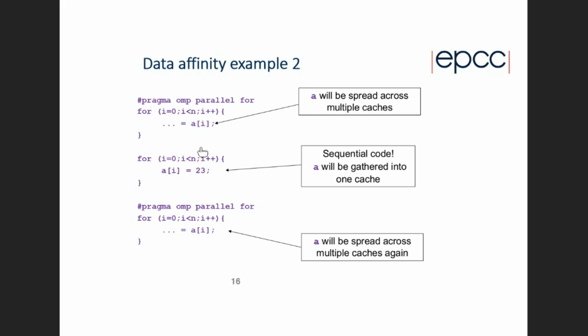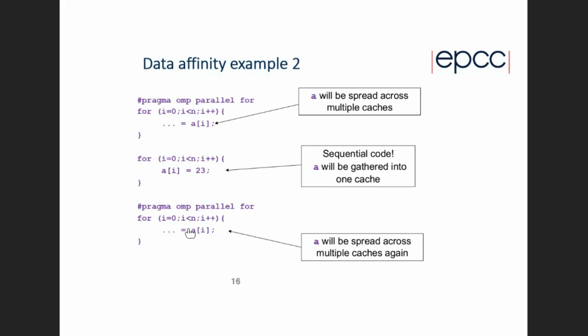So again, what happens here? Let's think about where A is being stored. Every thread that reads a value of A[i] will typically store that value in its local cache. But then when the single thread writes these values, all those other copies get invalidated. And this thread then owns all the exclusive copies of A in its local cache.